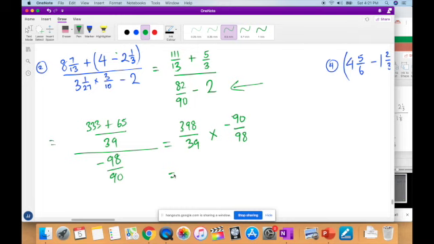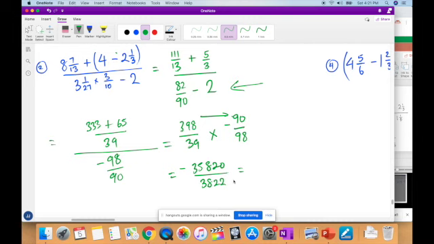No. Alright, so let me just multiply out 398 times 90. It's a big number, 35,820. I'll put the negative sign here, divided by 39 multiplied by 98, which is 3,822. And can one go into the other?